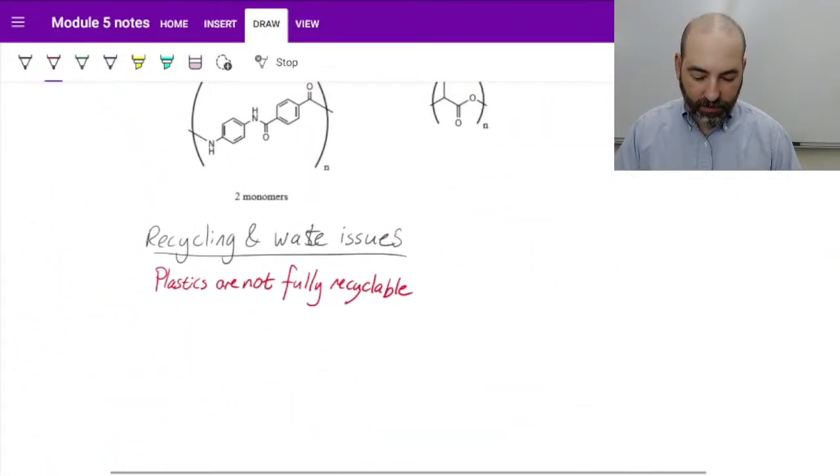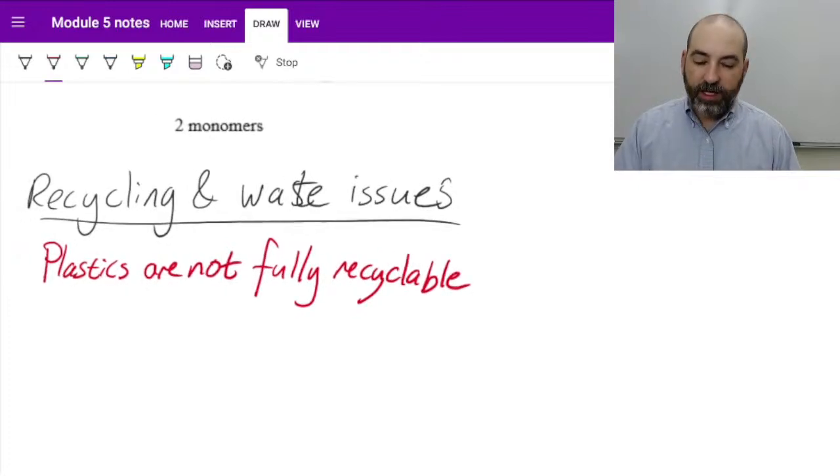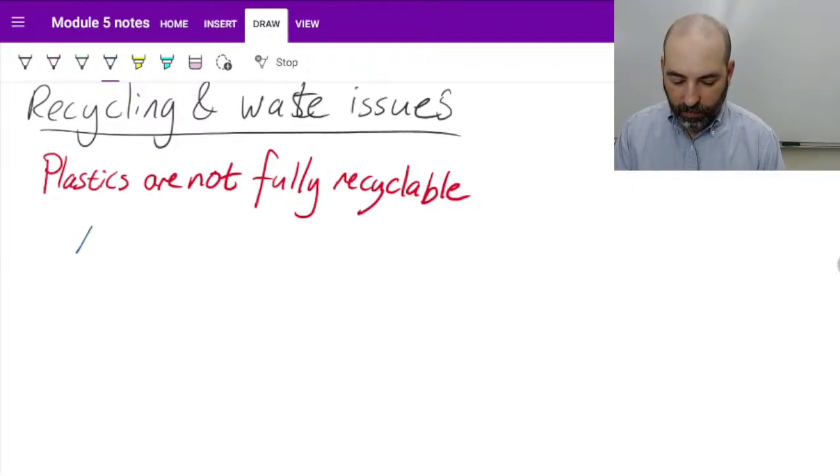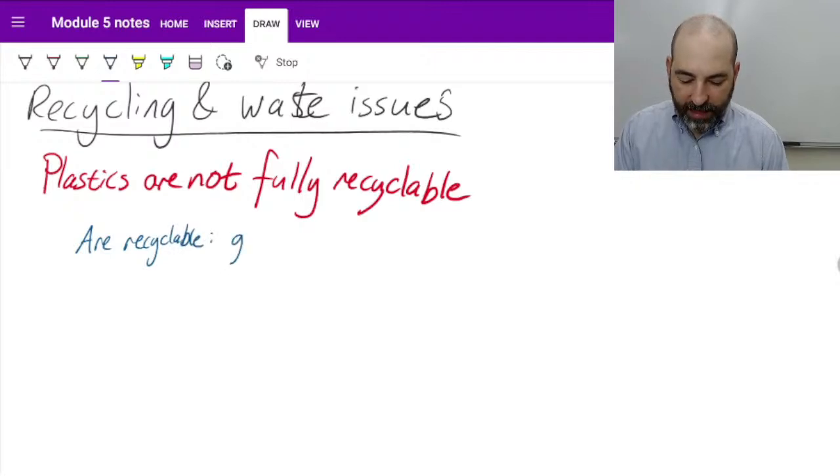What I mean when I say that is, when we talk about what it means to recycle something, what it really means is you can make something out of this material and then you can reprocess it and make the same thing again. Examples of things that are recyclable: glass is recyclable.